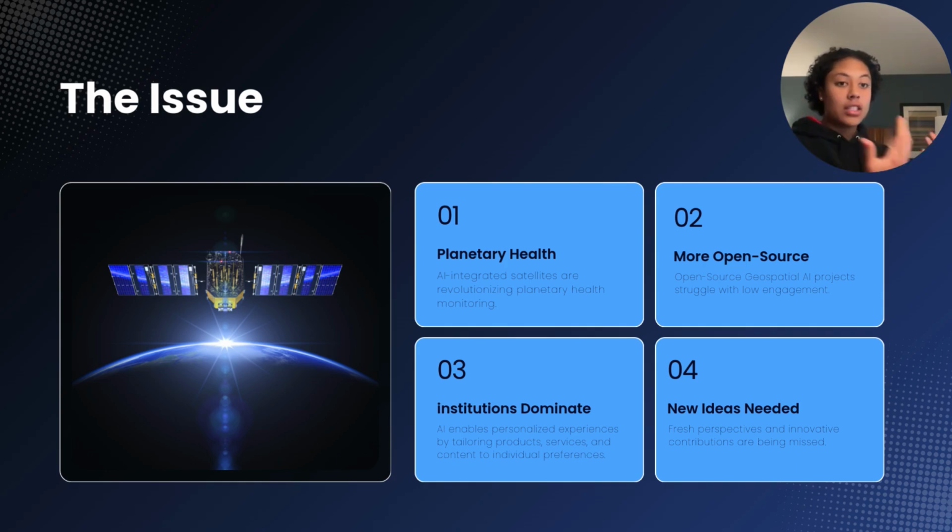When we have lots of developers, students, and different minds working on these projects, we can accelerate it. And considering that our planet's health is declining very rapidly, it's important that we have all hands on deck. So, the biggest bottleneck here is that there aren't enough beginner friendly resources or structured pathways for newcomers to contribute to these sort of things.